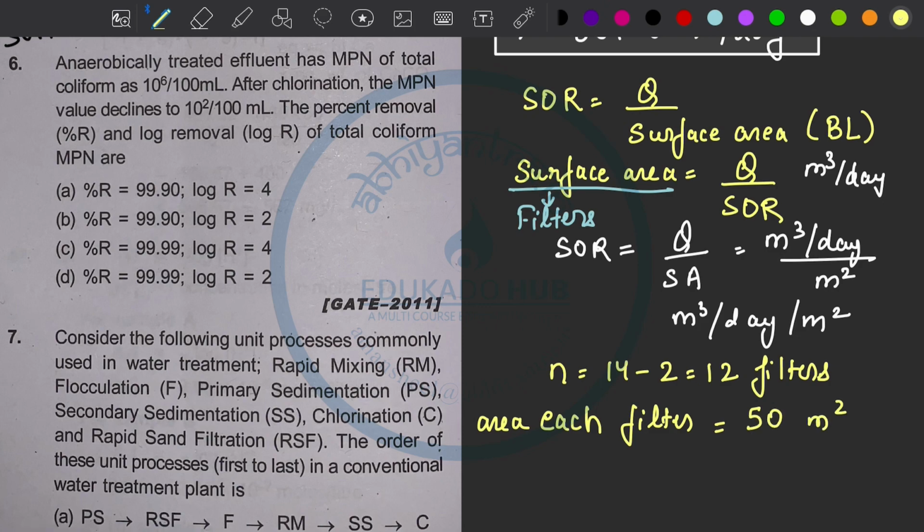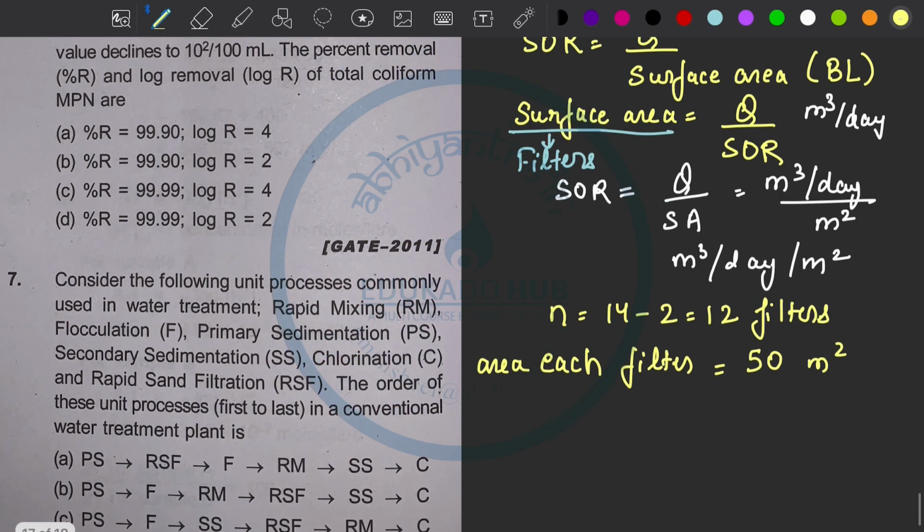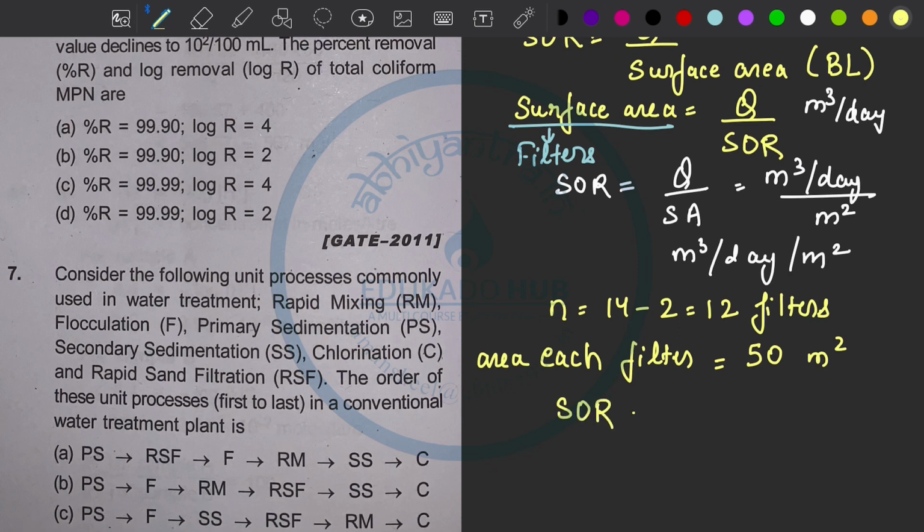First of all, 50 meter square is the area of a single filter. And for 12 filters, the total area becomes 50 into 12, that is 600 meter square, for this much discharge.